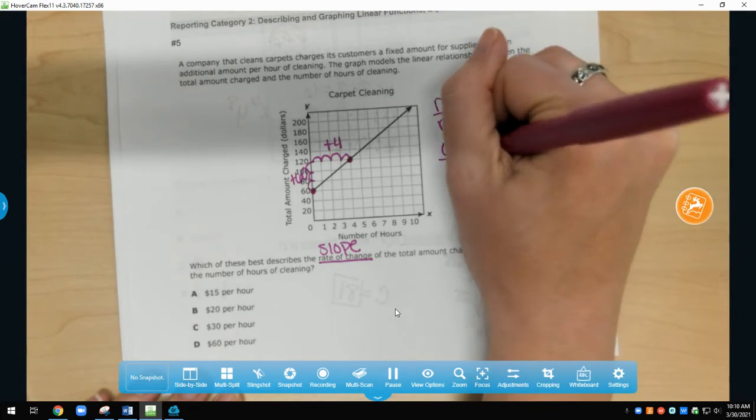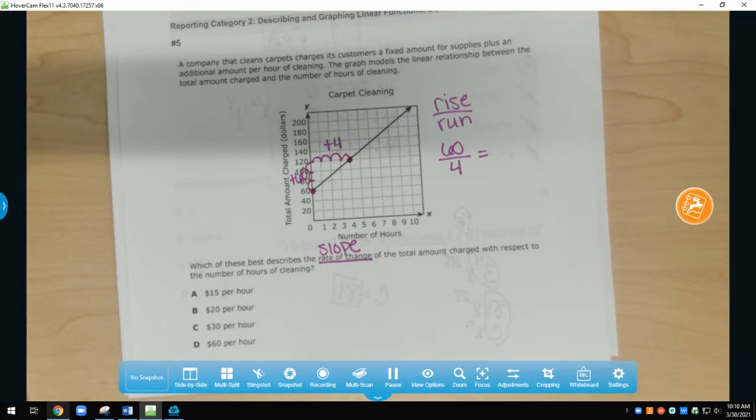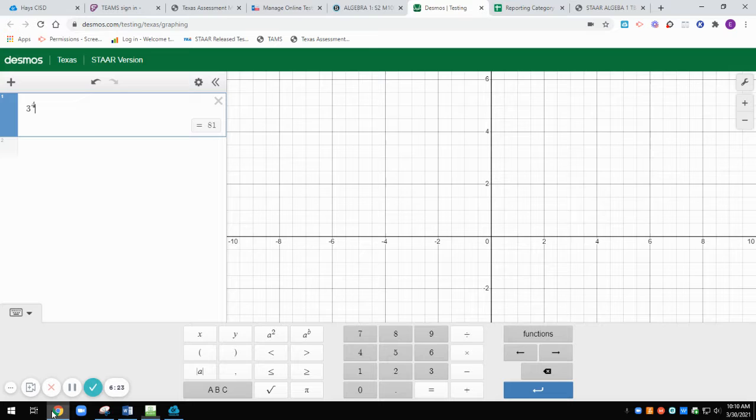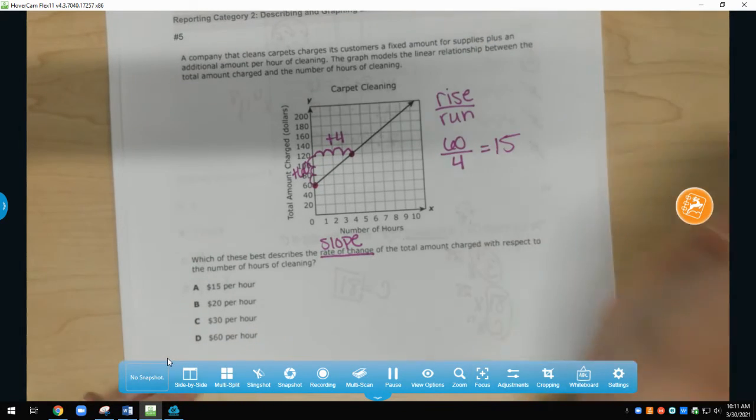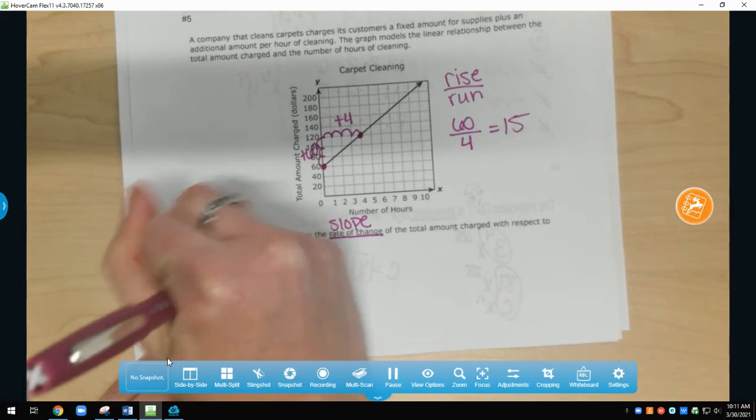So 60 over 4. When I reduce that in Desmos, we have 60 divided by 4, we get 15. So our answer would be A.